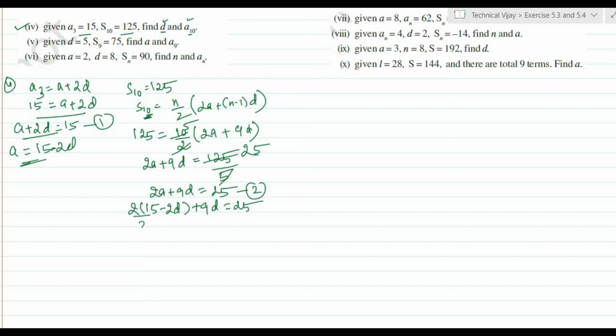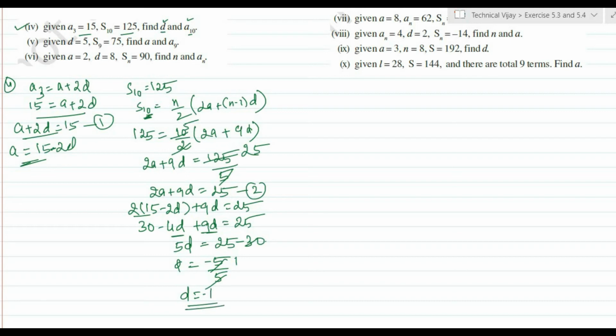So 2 into 15 is 30, minus 4D plus 9D is equal to 25. Minus 4D plus 9D, how much is it? 5D. So 5D is equal to 25 minus 30. So D is equal to minus 5 divided by 5, which is minus 1.